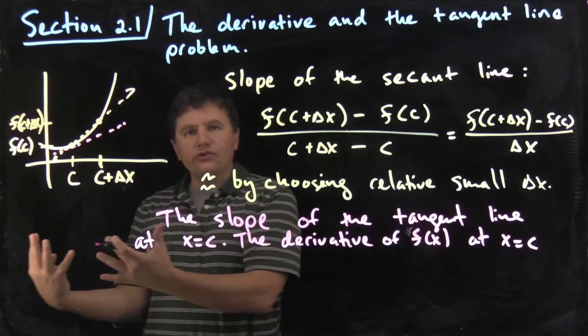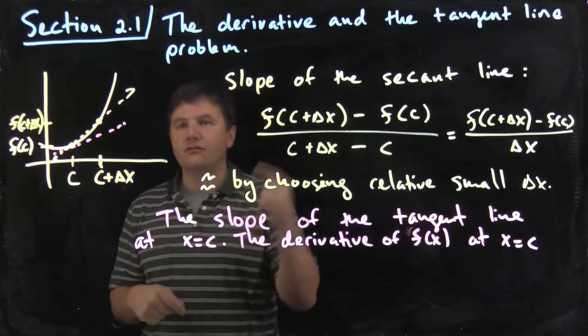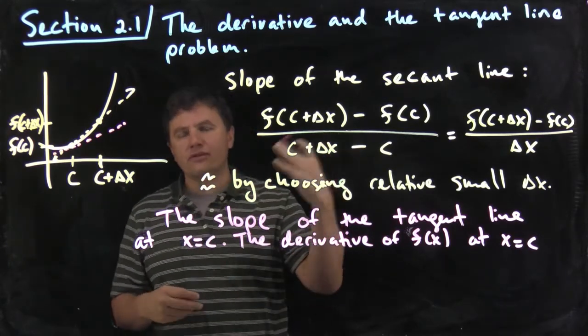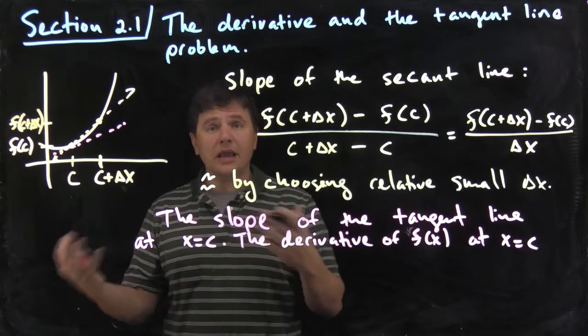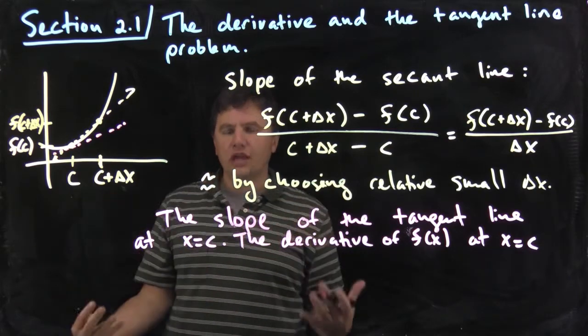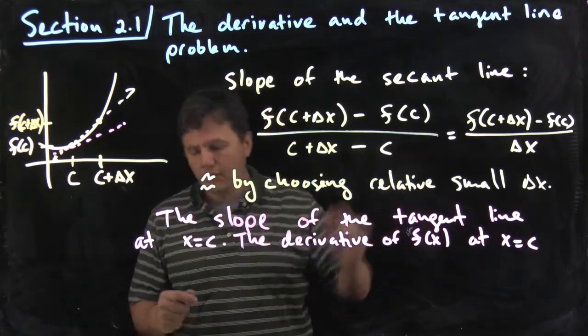Limits give us the tools to do our two big ideas, the first being slope of a tangent line, the derivative, and the second big idea will be area under the curve, which is called the integral, which we'll get to later in the course.